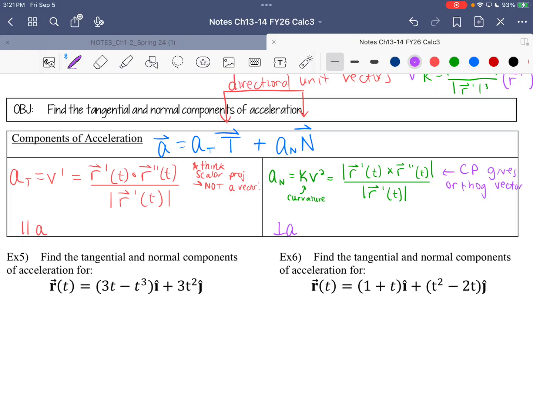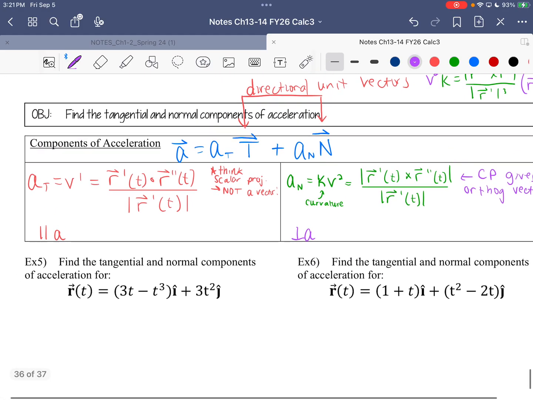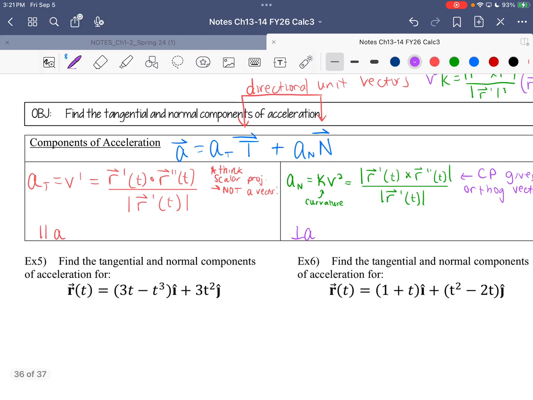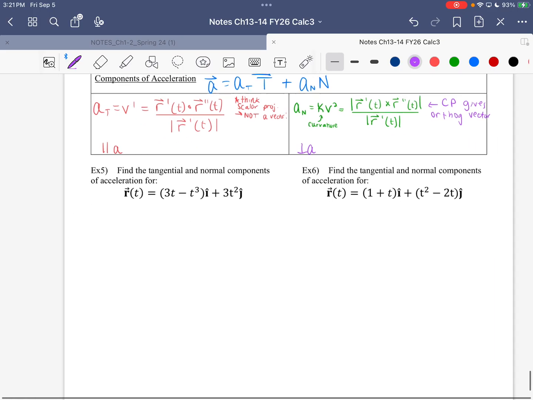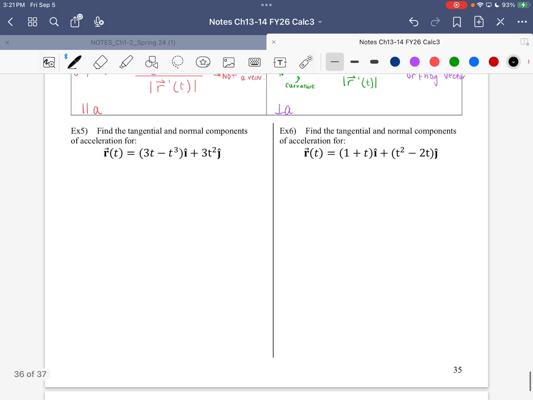Okay, finding the tangent and normal components for acceleration. Hopefully I have enough room to write all of this on here. How big is this page? Oh, we should be okay. Okay, so we're going to need to find r prime and r double prime for both of these. That's where I would start.